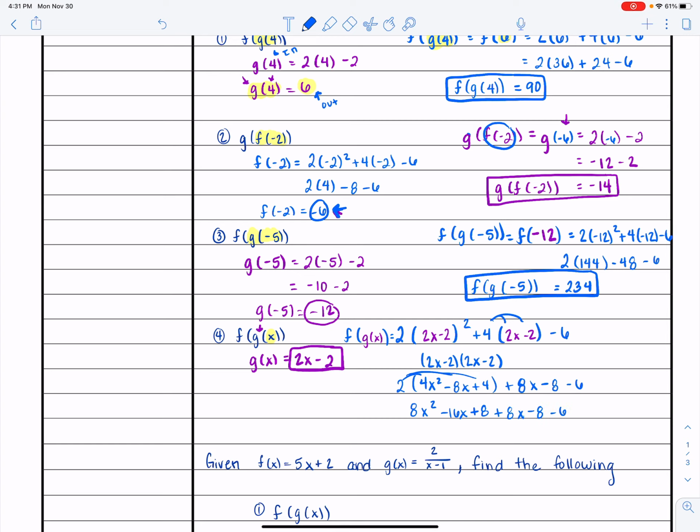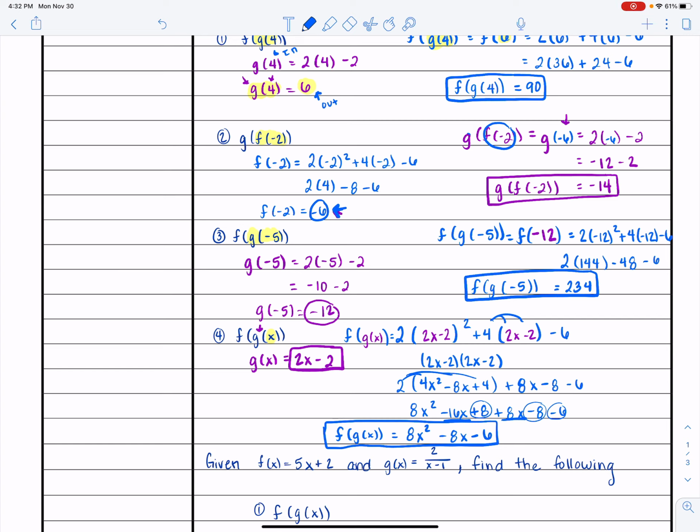Okay, now we have f of g of x is equal to 8x squared. The minus 16x can combine with your plus 8x, so you have minus 8x. The plus 8 can combine with the minus 8 and the minus 6, so 8 minus 6 is negative 6. So f of g of x is 8x squared minus 8x minus 6.